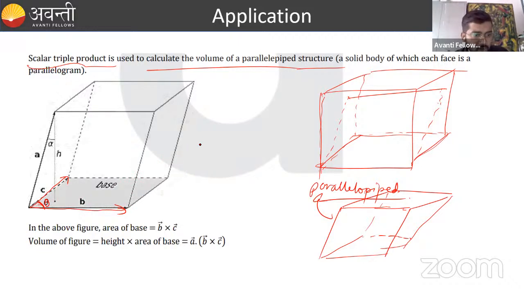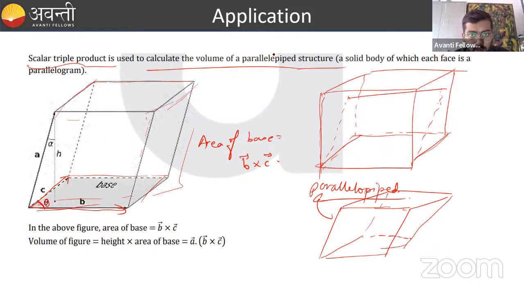In the above figure, the area of the base, we all know, can be calculated by the cross product of B bar and C bar, the adjacent sides of a parallelogram. So this base is a parallelogram. All these faces are parallelograms connected to make a 3D figure. That is why the name parallelepiped comes.